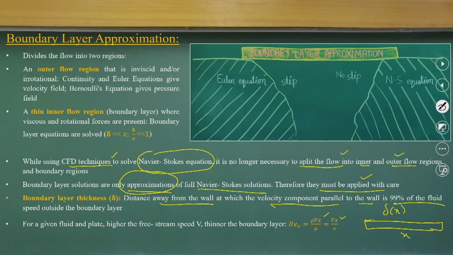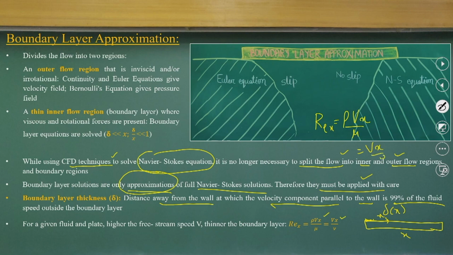So Re_x, the Reynolds number we consider for a boundary layer, is V, the free stream velocity, times x, the characteristic length, divided by the dynamic viscosity, that is Re_x.